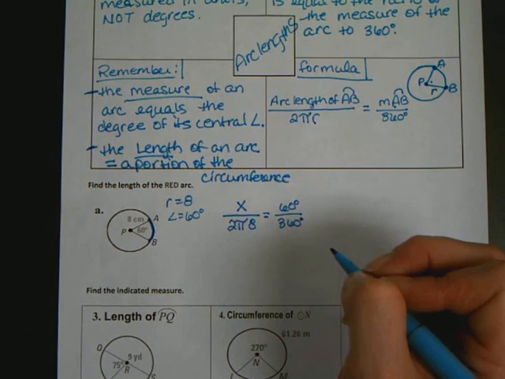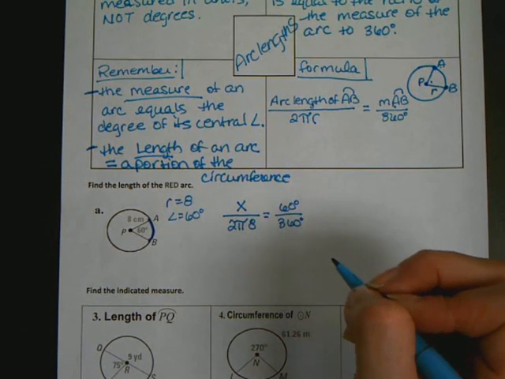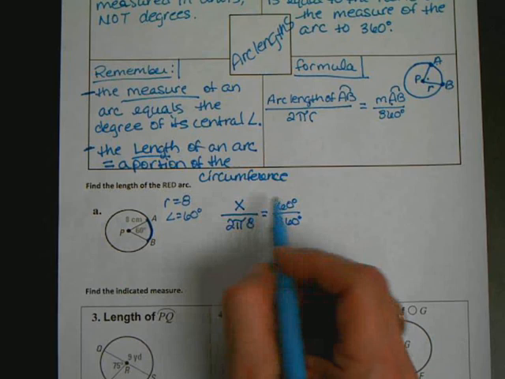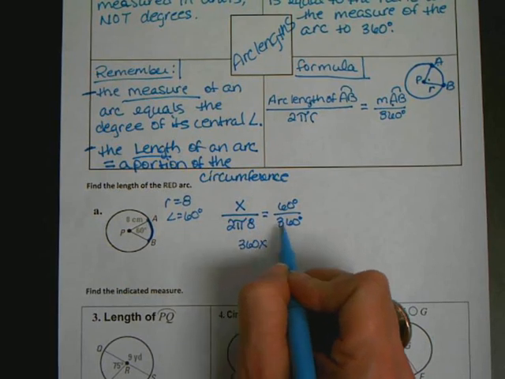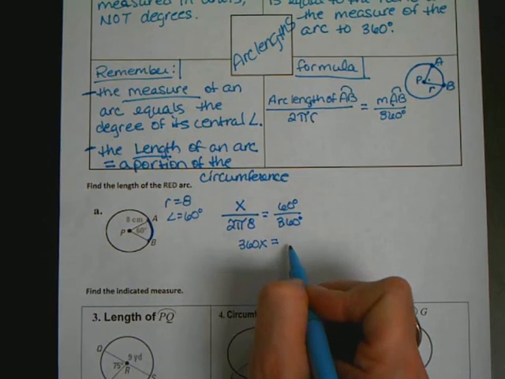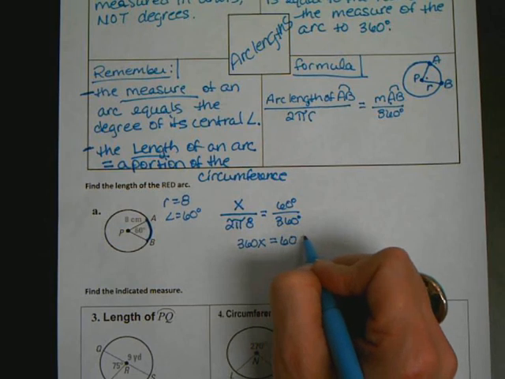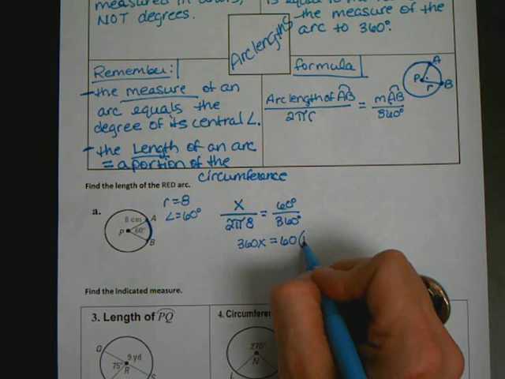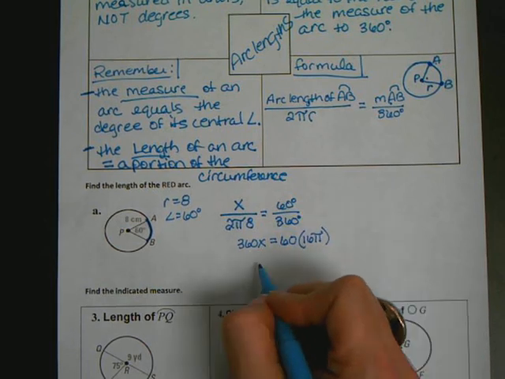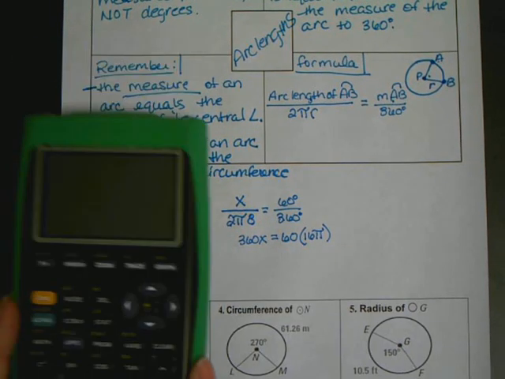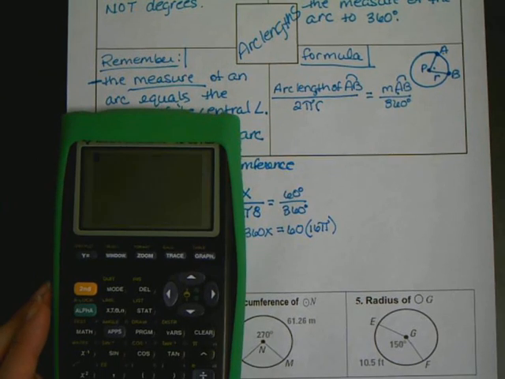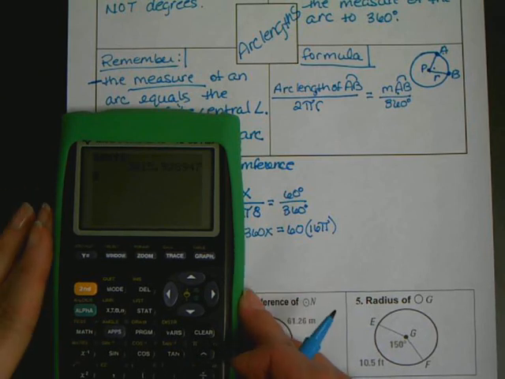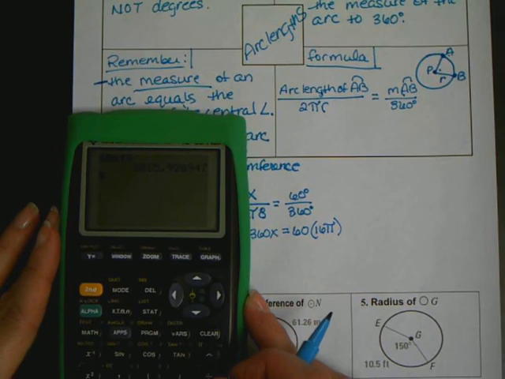Now, when I do my cross products to solve for this, it's going to be 360 times x is equal to 60 times 2 pi 8. Well, 2 times 8 is 16. So that's times 16 pi. What I get when I multiply that out is 60 times 16 pi, approximately 3015.9.